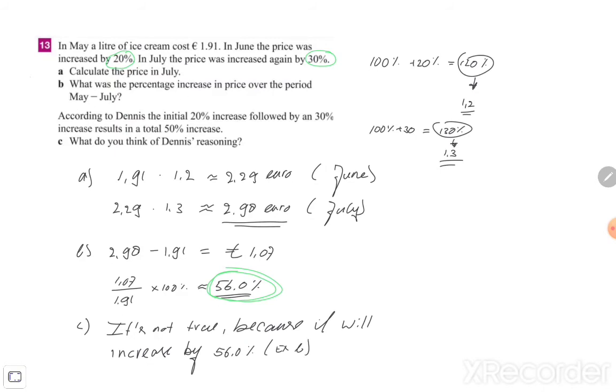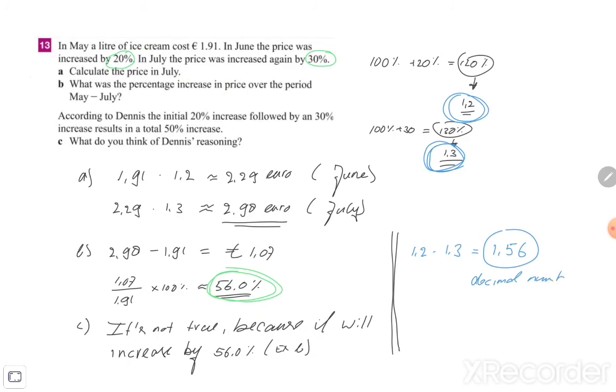Now, you can even calculate by how many percent it will increase, because if we combine those two numbers, first we multiply the €1.91 by 1.2, and then that answer by 1.3. Let me look at what we get if we multiply 1.2, that factor, with 1.3. If you do that, you get 1.56. And 1.56 is a decimal number.